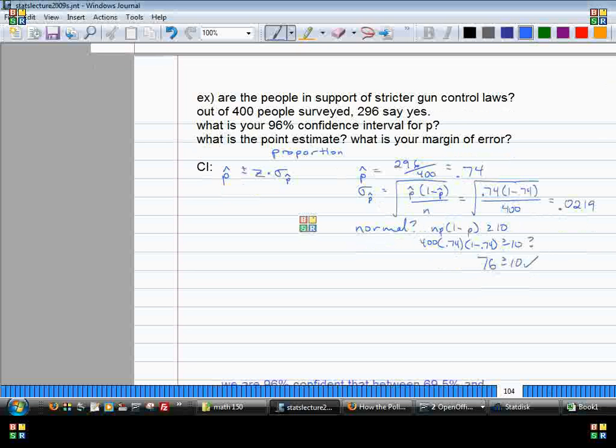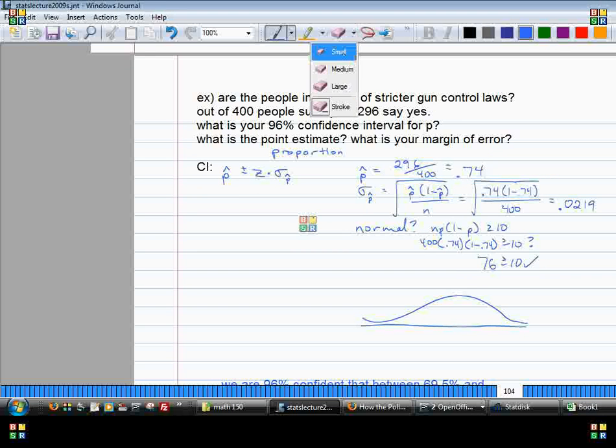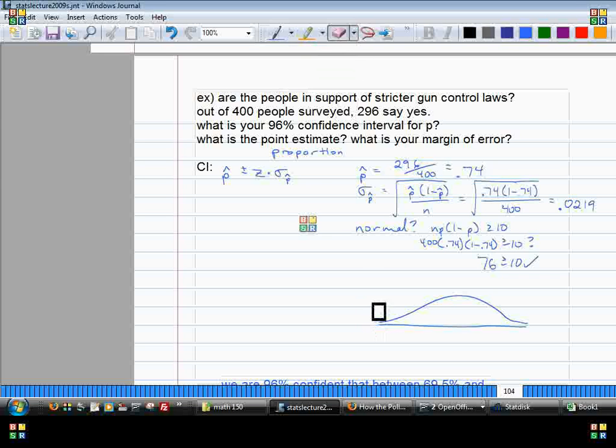Now that we know it's normal, what can we do? Draw a picture. And so what goes on the picture? Zero in the middle for Z, and what else? P hat values, okay, and what else?